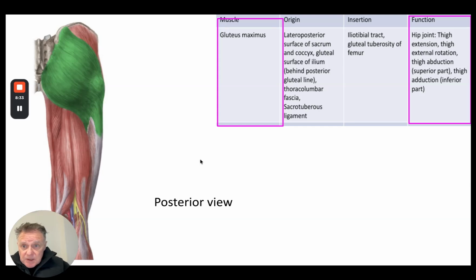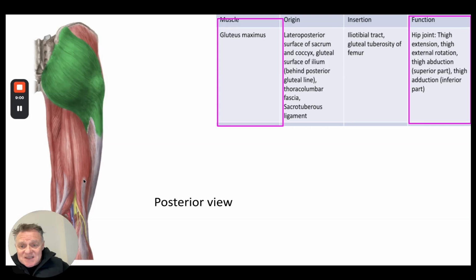Glute max, it's got a number of origin points, right? So from the iliac crest down through the sacrum. So sacrum, coccyx, gluteal surface of the ilium. So I would remember essentially the ilium and also the sacrum, and it goes out to the ITB, the iliotibial band, which is this band of fascia on the lateral aspect of the thigh.